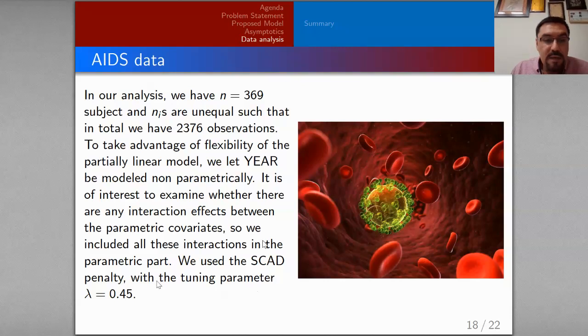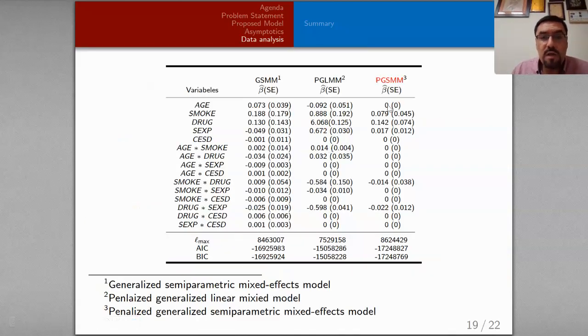We use the SCAD penalty, and the tuning parameter we obtain from generalized cross validation is equal to 0.45. This is the proposed model result, and it shows that, for example, age does not contribute to the response, which is very new.